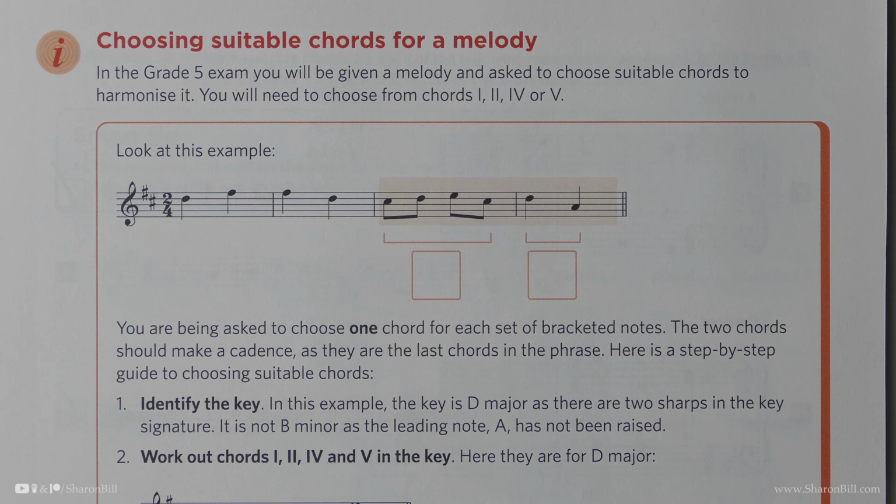Let's move on now to page 50 of the Grade 5 Discovering Music Theory workbook, and we'll look at the topic of choosing chords a little bit more closely now as we look in the context of a melody. We've already seen that even when we've got harmonies, we don't always get absolutely every part of the chord represented.